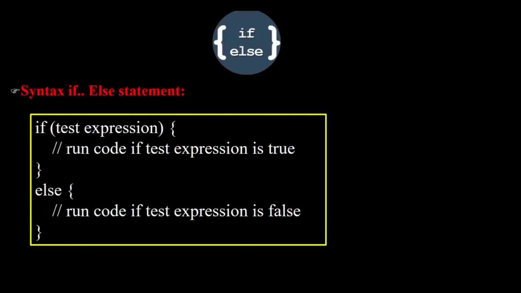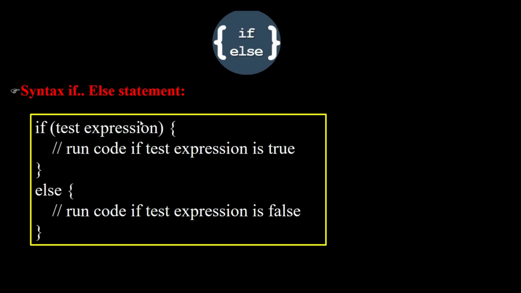The syntax of the if-else statement is: we have the keyword if, we have the test expression between parentheses, we open the curly braces, we have the code to run if the test expression is true, we close the statement, we have another keyword else, we open the curly brace and we run the code if the test expression is false.